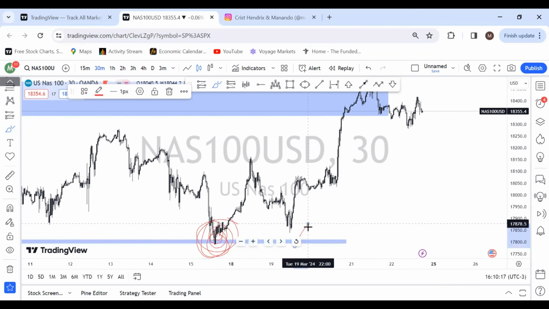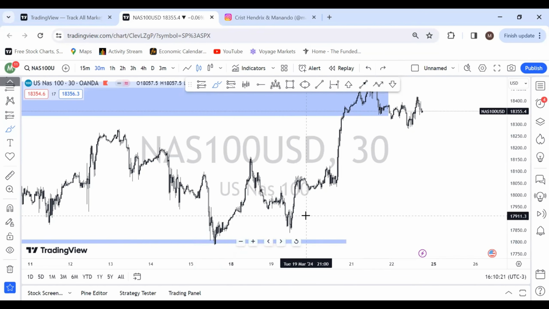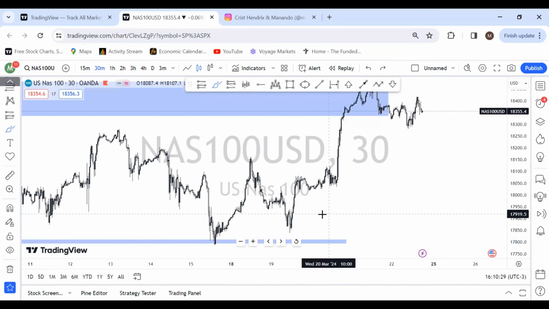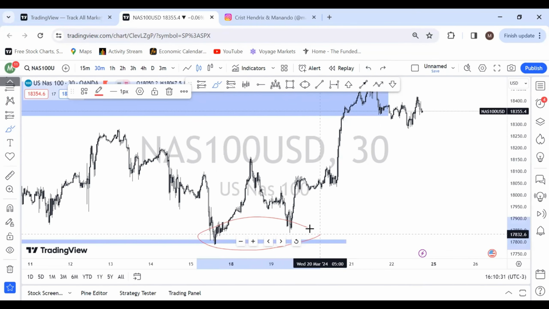In this case, it's a buy to the upside. So you could have considered this as a double bottom, but say you didn't want to trade within this zone because maybe you felt like it was too risky or whatever the case may be.